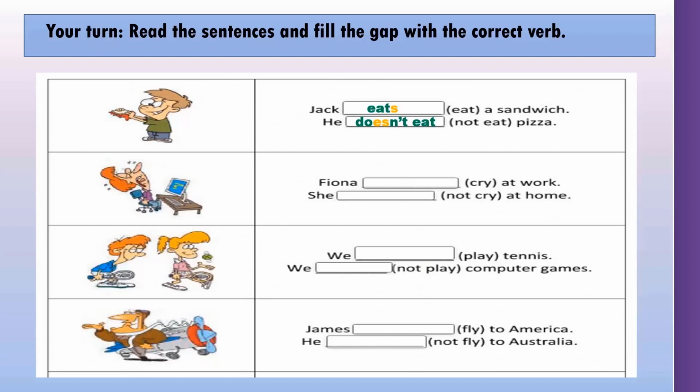So Fiona, third person singular. So we've got cry. Okay, so if you watched the video before, you would know the rules there. So we can remove the Y, put IES.